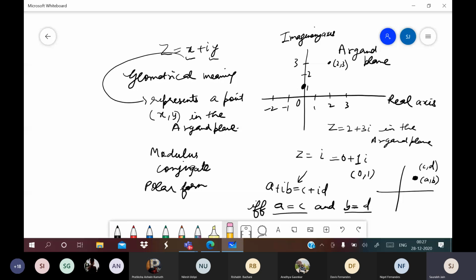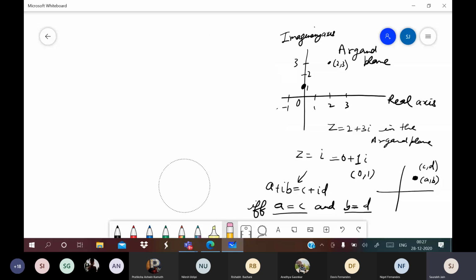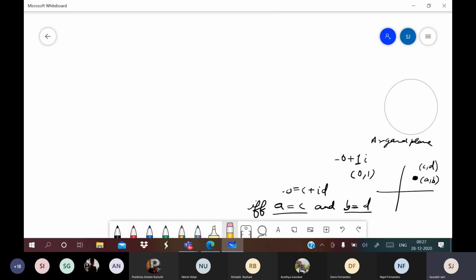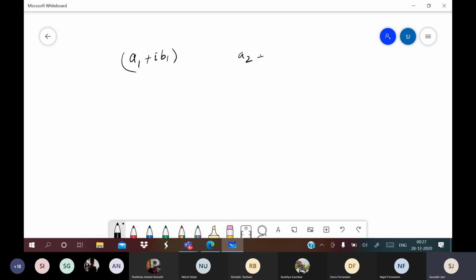Then if you remember, we studied the algebra. Modulus and conjugate came later on, okay. By algebra of complex numbers, we mean addition, subtraction, multiplication and division, right? So I told you how to add, subtract, multiply and divide the complex numbers. Suppose I have this complex number, let's say a1 plus iota b1, and there is another complex number a2 plus iota b2. Suppose I want to add these two.